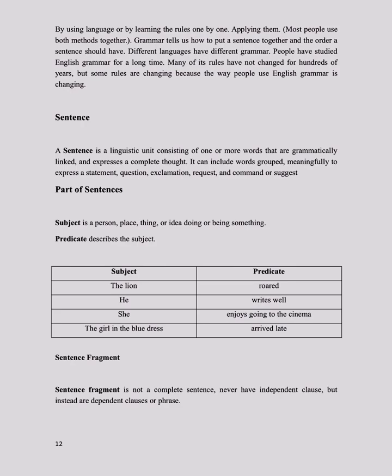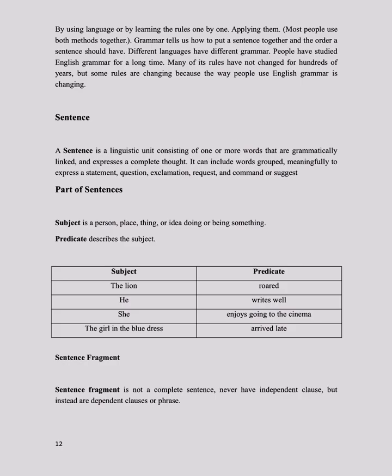It can include words grouped meaningfully to express a statement, question, exclamation, request, command, or suggestion. Parts of a sentence. Subject is a person, place, thing, or idea doing or being something. Predicate describes the subject.